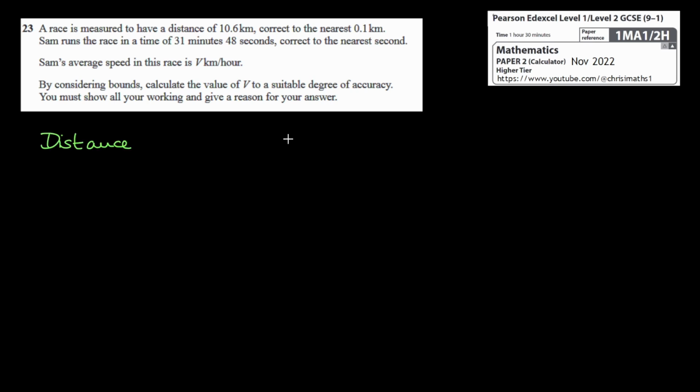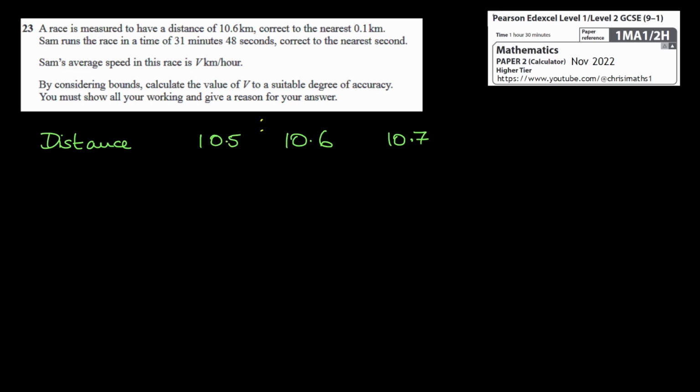The distance quoted is 10.6. So what would be the next value up from this, considering that we're only measuring it to 0.1 of a kilometre? Well, the next one up will be 10.7, and the next one down will be 10.5.